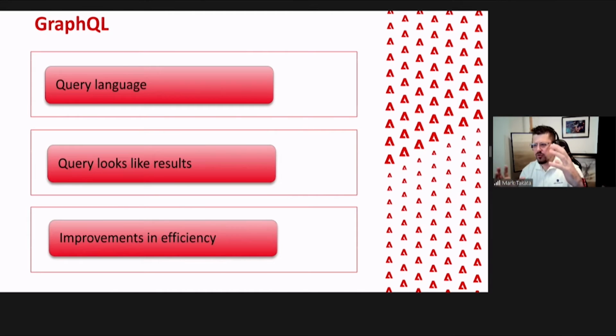But then when you get the data back, it's in a query return, like in CF, it's a form of struct, a query object that you can then loop through. If you want to turn that into JSON, you can, but it doesn't look like the thing that you asked. So GraphQL actually, and I'll show you this in a little bit, looks like what you get back, which helps you design things. And the other nice thing is that it's really good at only going out and grabbing the things that you want.